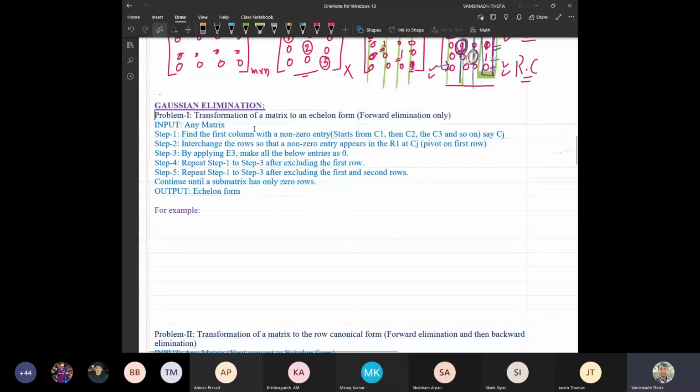For this algorithm, you don't need to write the exact algorithm, but those who are interested in programming can do it, and if they want, I will also help. It is a stepwise procedure, and you have to follow it.